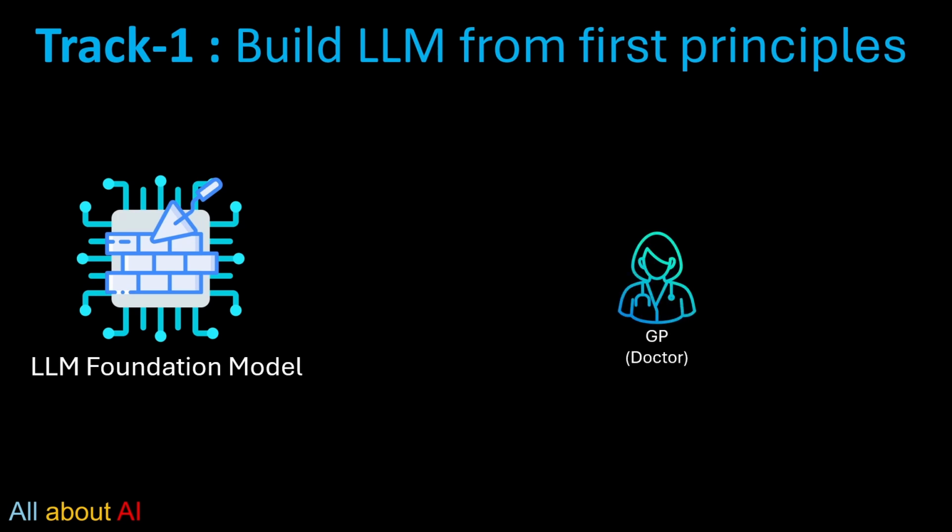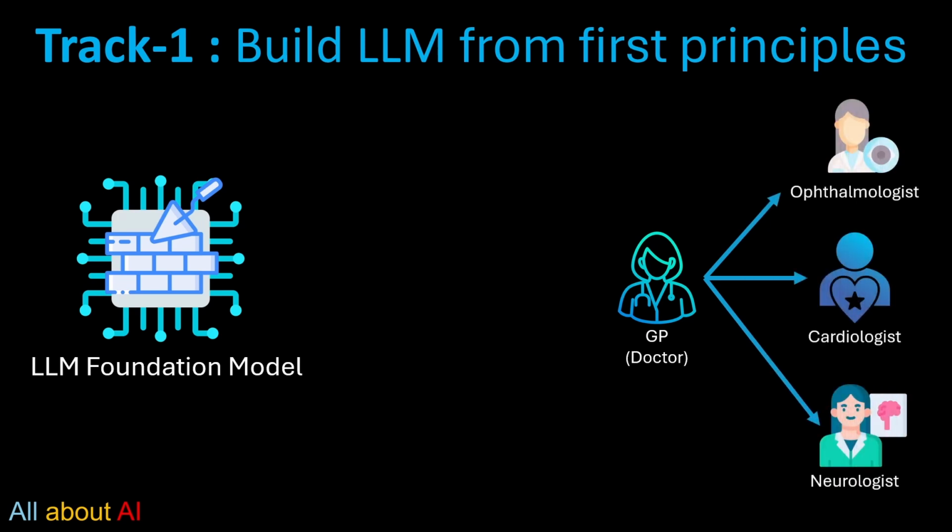A GP starts with a broad medical education, learning the basics of medicine and surgery. Once they complete their basic training, they specialize in a field like eyes, heart, or brain. That's how we get ophthalmologists, cardiologists, neurologists, and many other experts in the field of medicine.